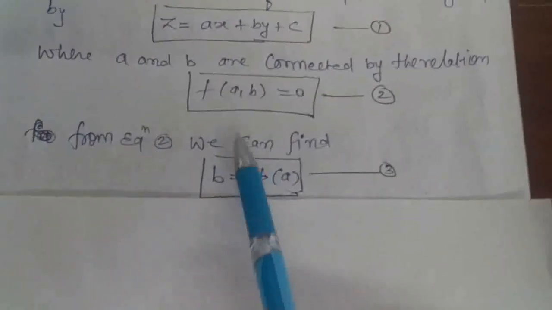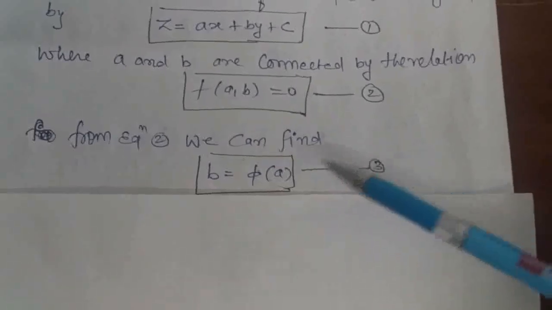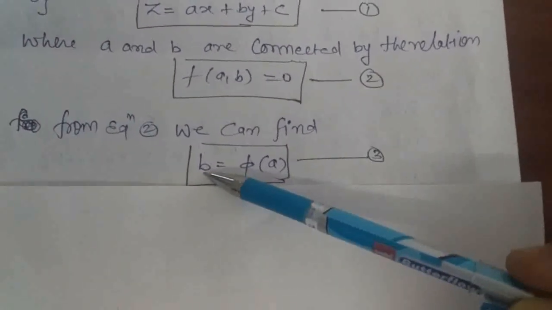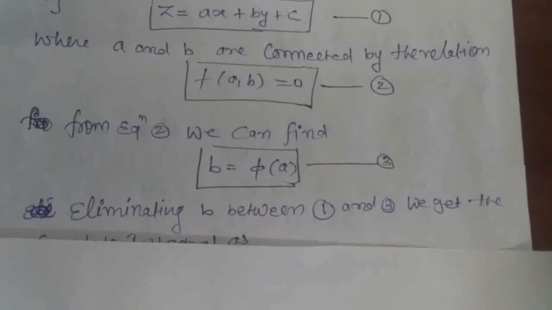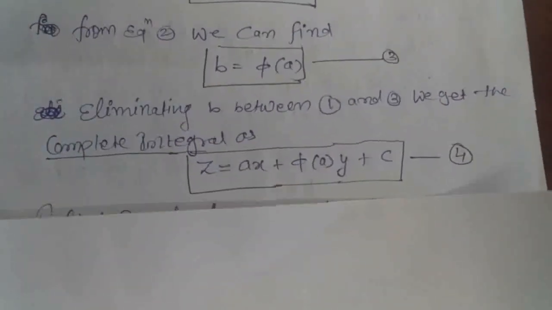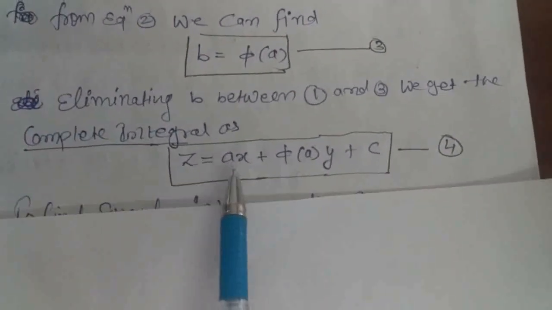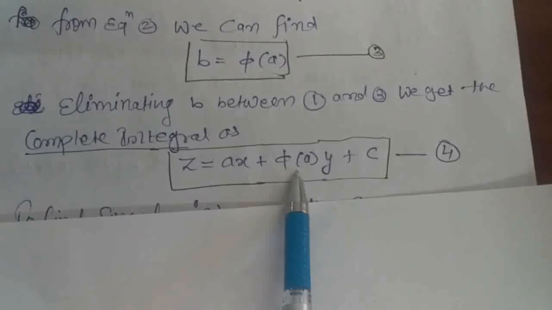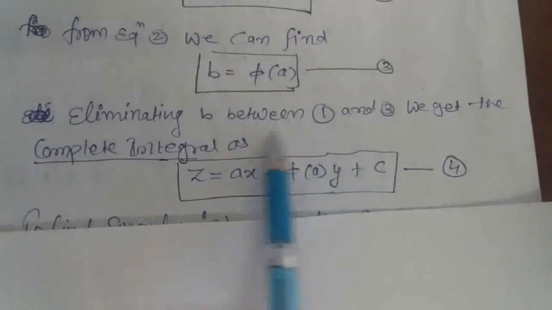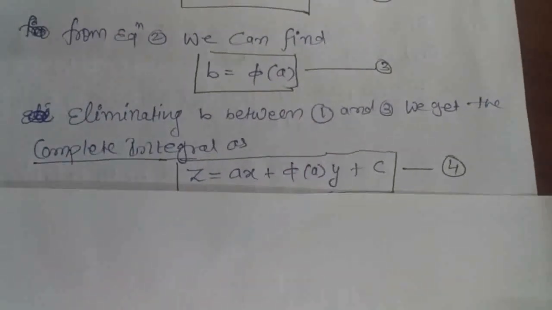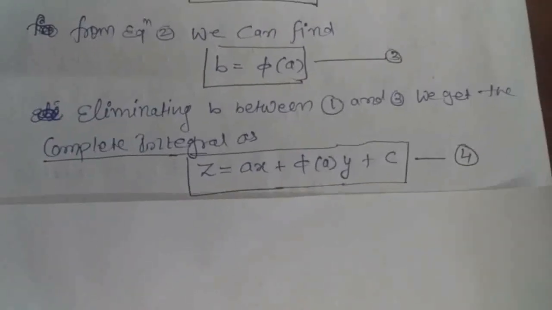Now eliminating b between equations first and third, that is, putting the value of b as φ(a) in first, we get the complete integral as z = ax + φ(a)y + c. This is the complete integral of the given non-linear partial differential equation, which is in standard form first.